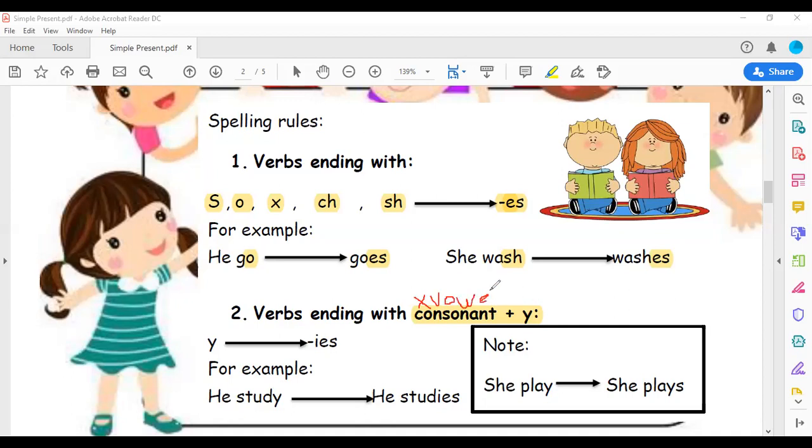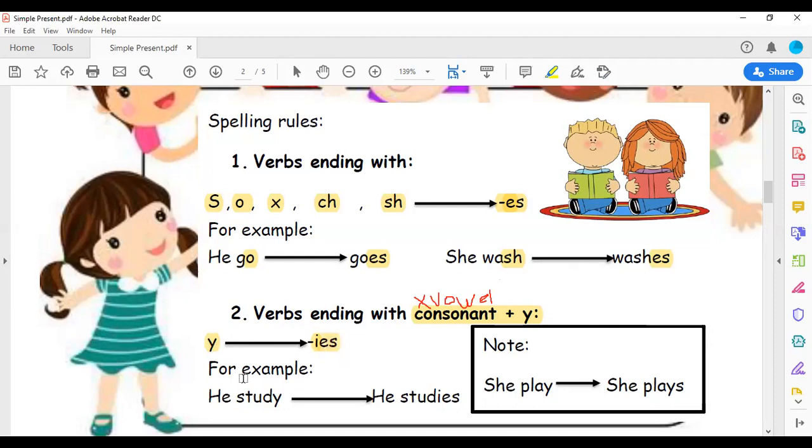What are the vowels? O, A, I, U, E. Okay, remember the face shape. Done. These are the vowels. Now, what do I do here? I change the Y into I and I add ES.